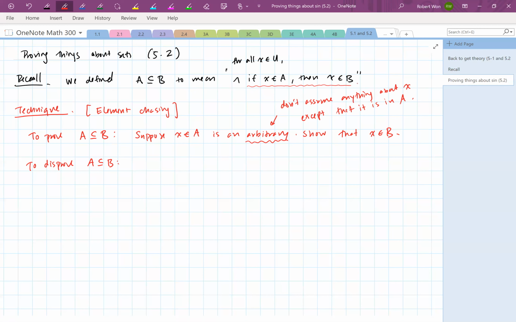Which means that to disprove that A is a subset of B, you just need to find some x in A such that x is not in B. That would show that that conditional is false, right?